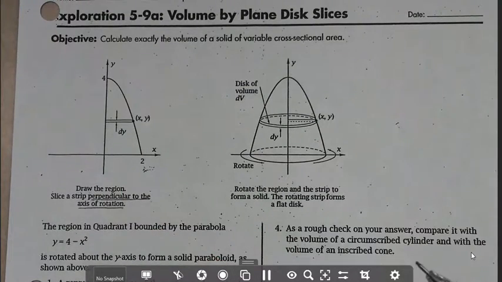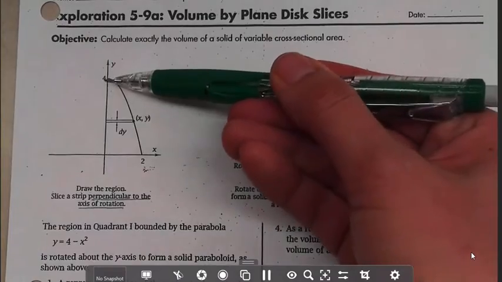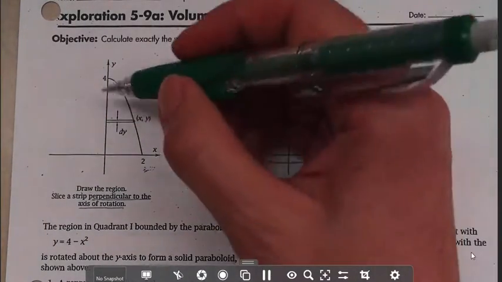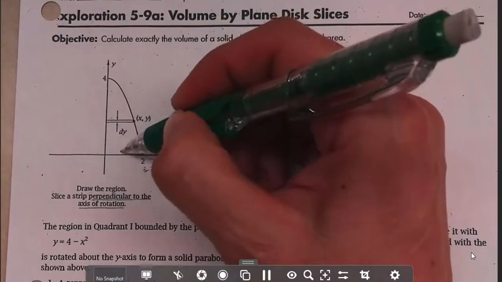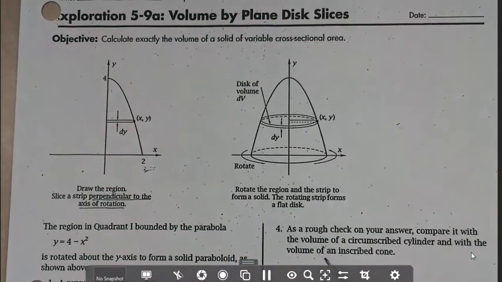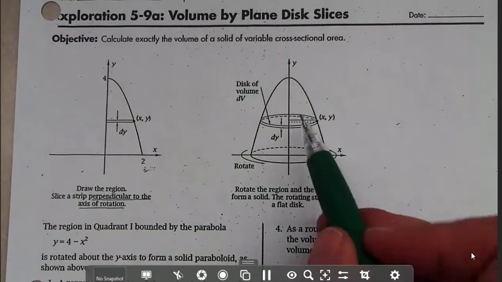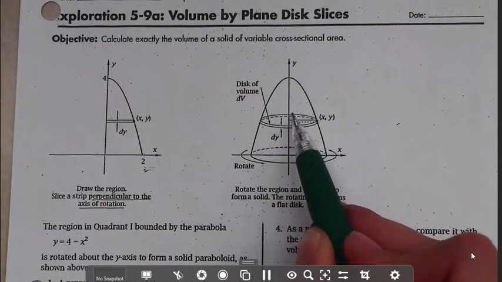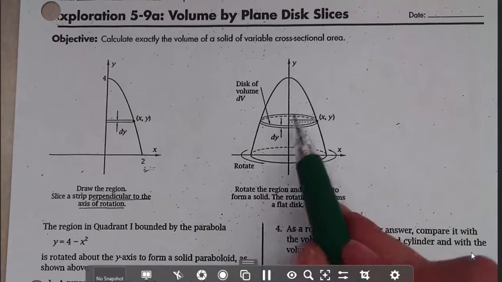However, there will be other ones where I rotated the solid around the x-axis, in which case it would be important that my strip is perpendicular to the x-axis. Then we rotate the region and the strip to form a solid, and the rotating strip forms a flat disk. If I take this strip and rotate it around, I end up with this disk.